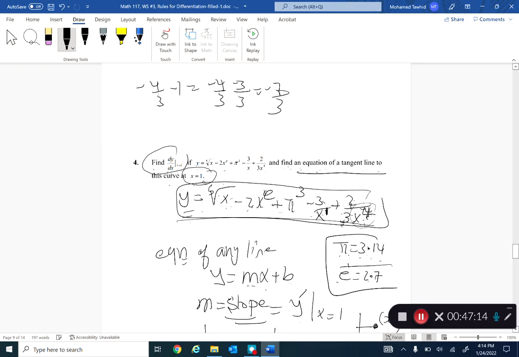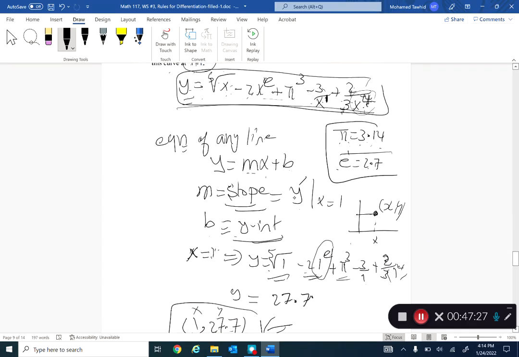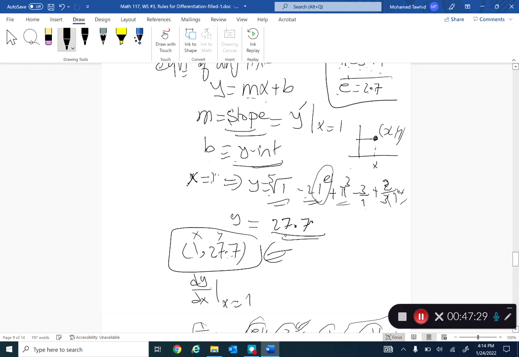Here x equals 1. I have to get y. How to get y? When x equals 1, what is your y? Just replace x everywhere by 1, and then use technology. I got 27.7. So that is my x, and that is my y.